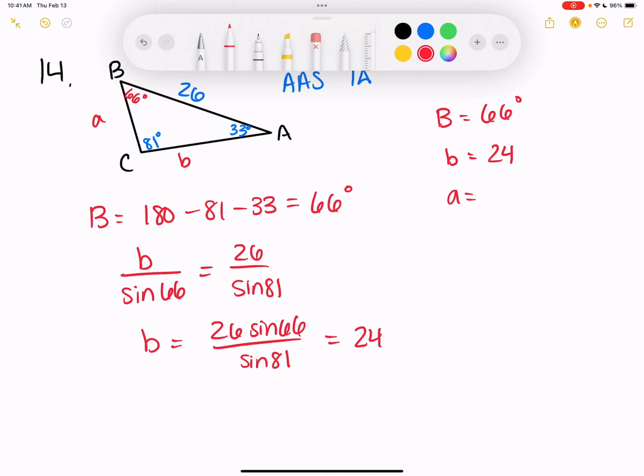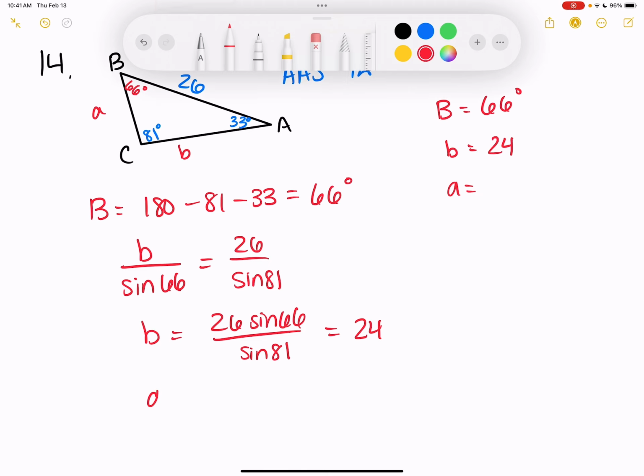So then to do A, I would always, always, always use given information if possible. So we knew everything about C from the beginning, so we're always going to compare to C for this one. So we would have A over the sine of 33 equals 26 over the sine of 81.